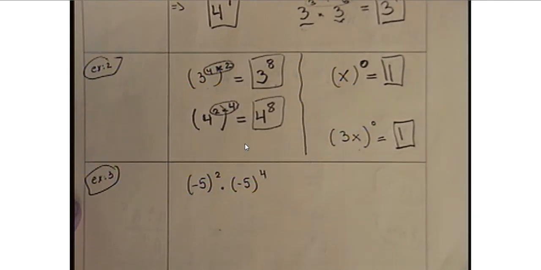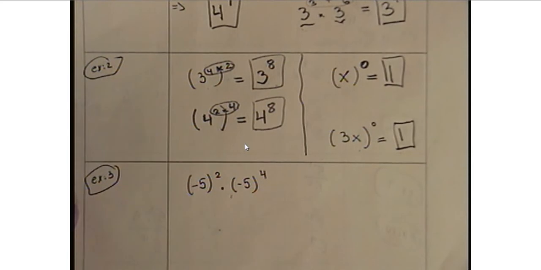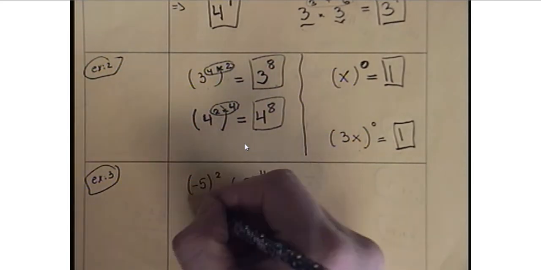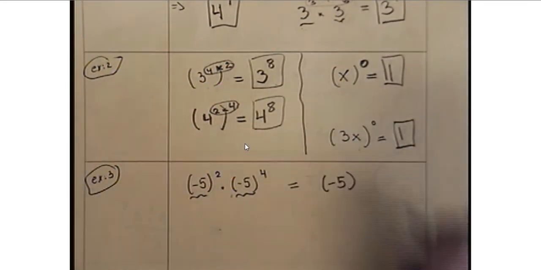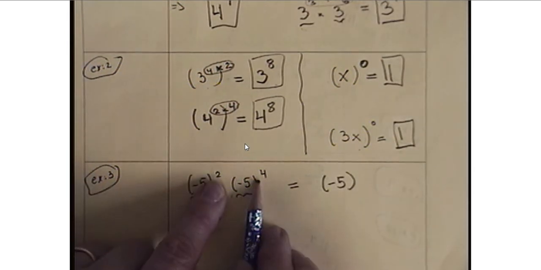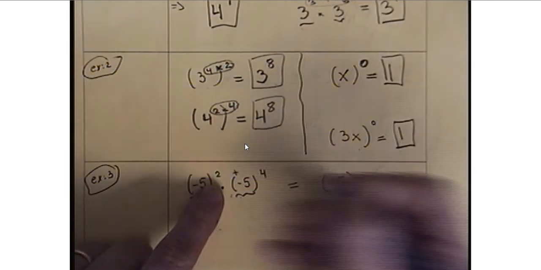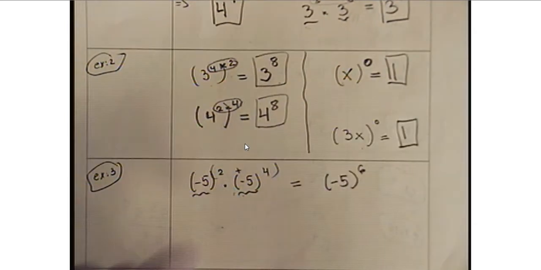Alright, next one. Negative 5 to the second power times negative 5 to the fourth power. Look at this, we have a base of negative 5 and a base of negative 5. So my base will stay the same, negative 5. When I multiply two powers, what do we do with exponents? We add the exponents. 2 plus 4 will give us 6, and that will be the answer here.